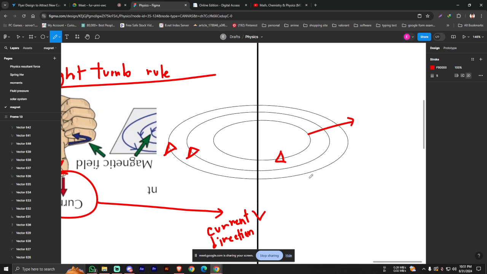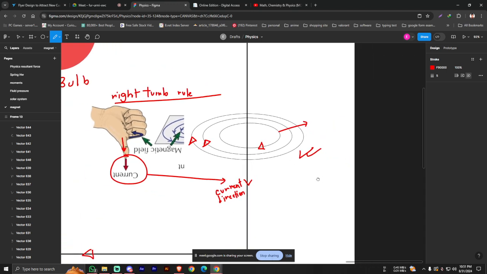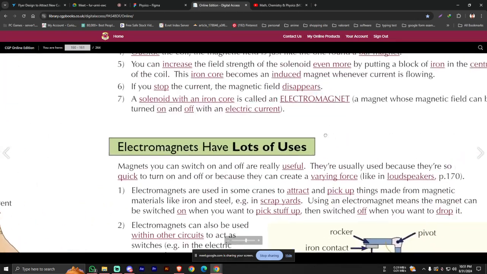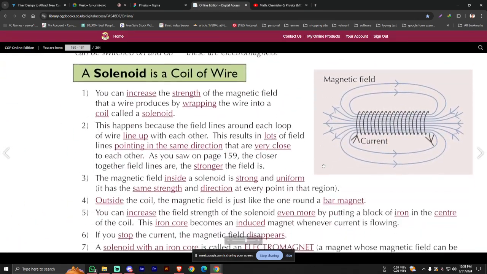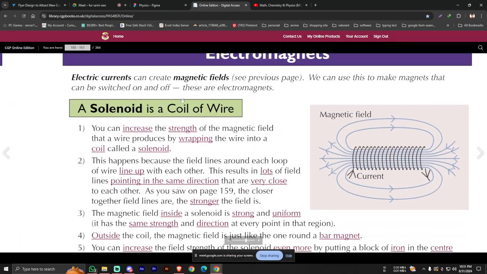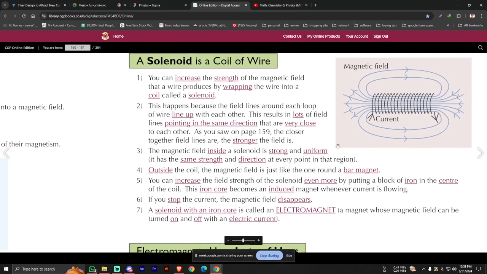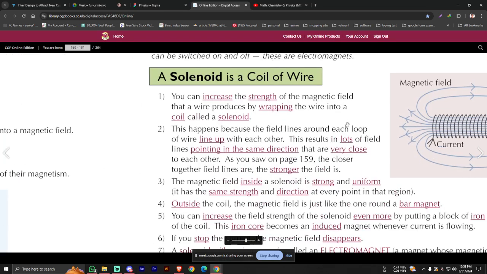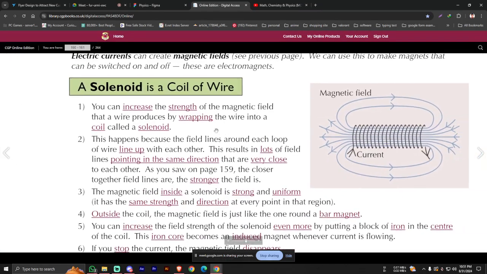Okay, so we have got an idea about the direction. Now we're gonna discuss the solenoid. Okay, let's go to the solenoid. So first of all, what is solenoid? If you want to give a definition, the definition is in the book, of course. Here is the definition.